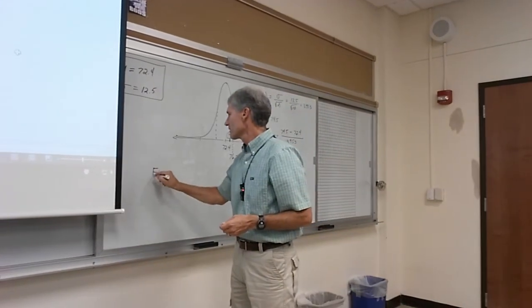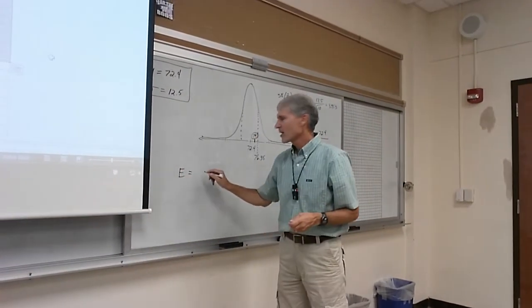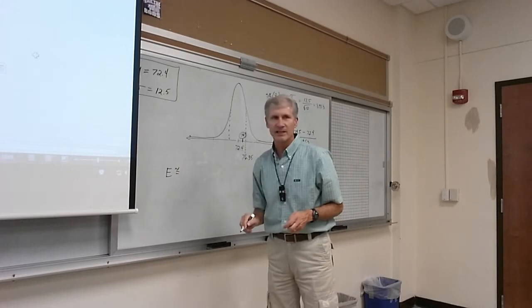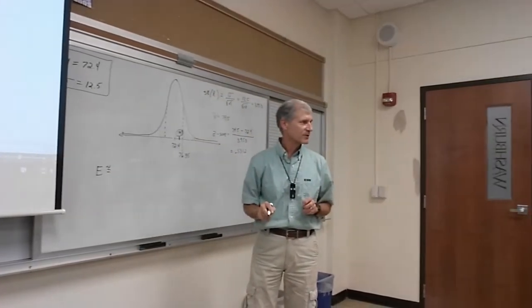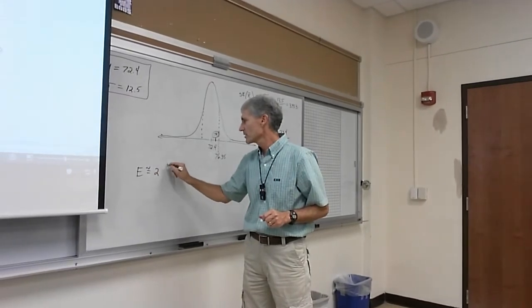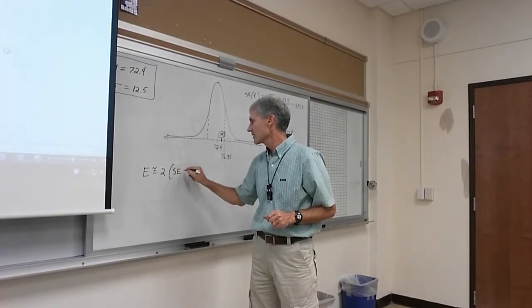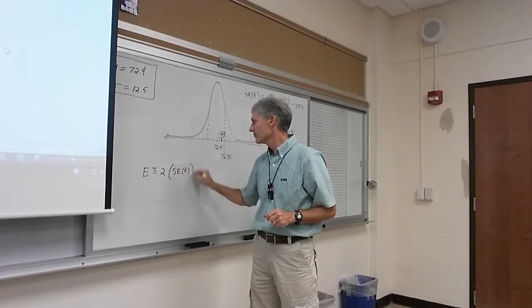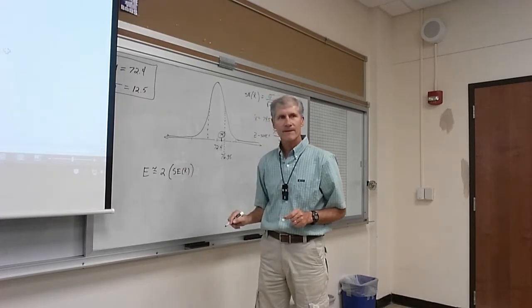Margin of error is equal to, I'm going to put approximately equal to, because this is not exact yet. We're going to make it exact in a second. Approximately equal to 2 times the standard error of x bar. Right?